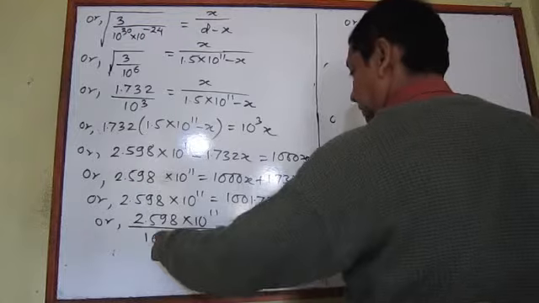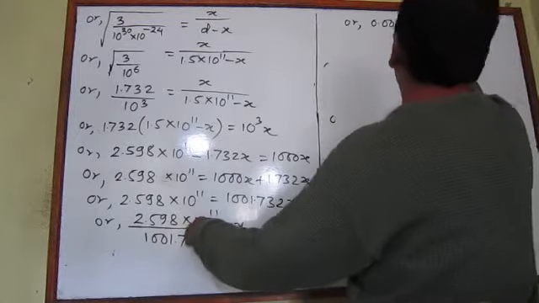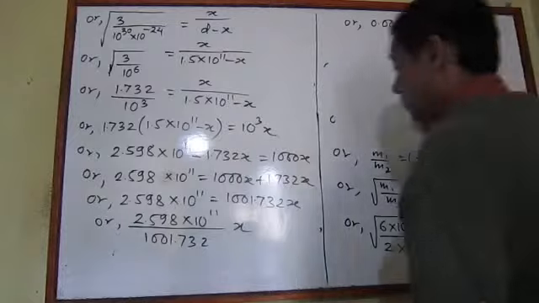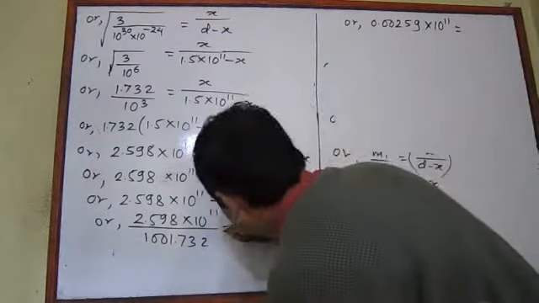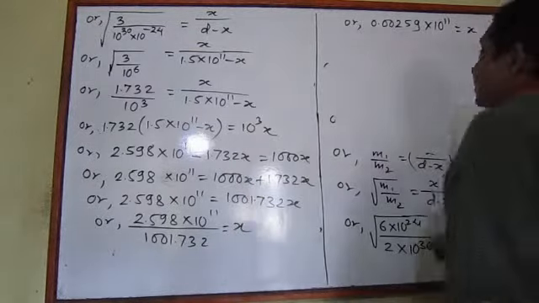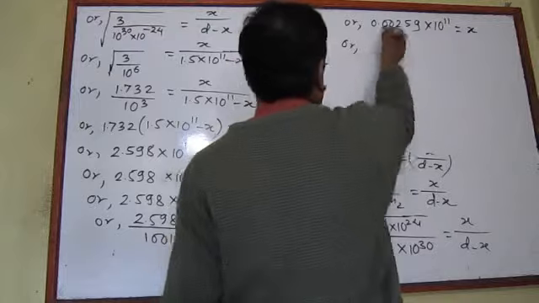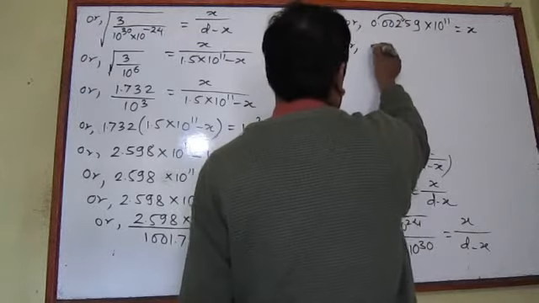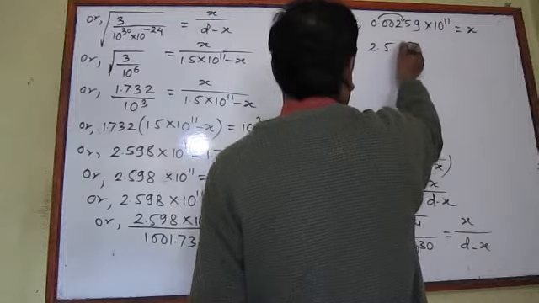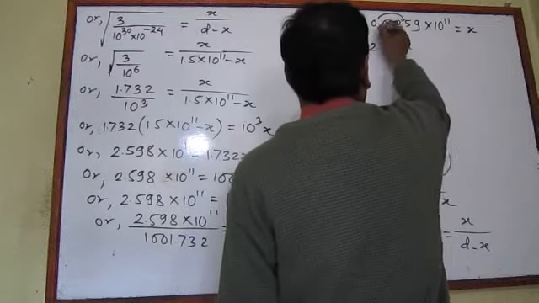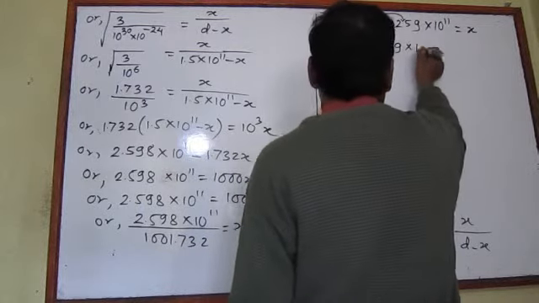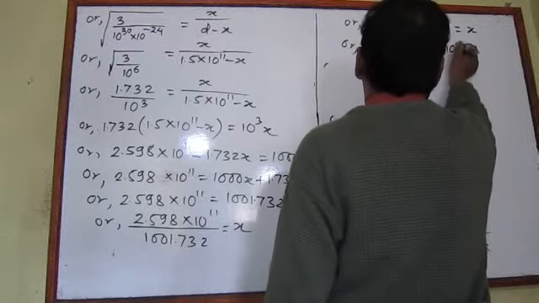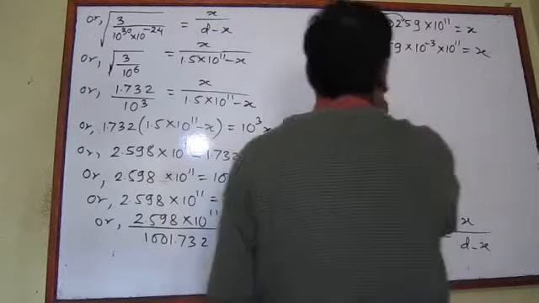0.00259 into 10 to the power 11 is equal to, sorry, this is equal to x. Or if the point is taken 3 digits to the right hand side, then we can write 2.59 into 10 to the power minus 3 into 10 to the power 11 equal to x.